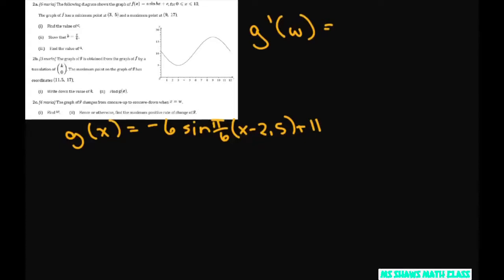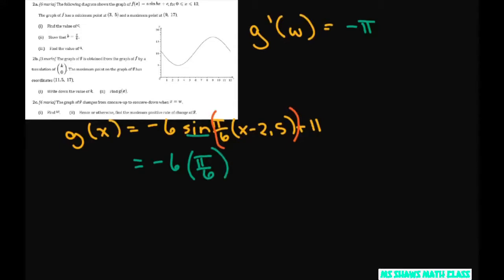So when you take the derivative of G, that's going to be negative pi, because you multiply these two. So it's negative 6 times pi divided by 6.